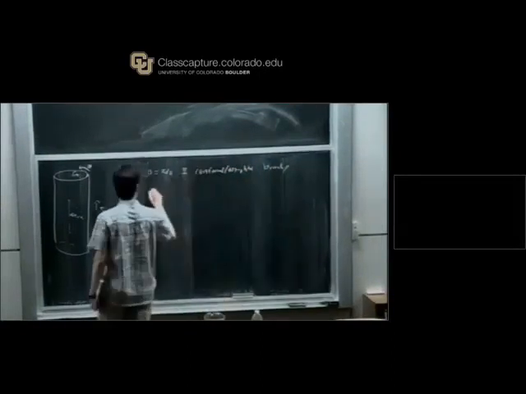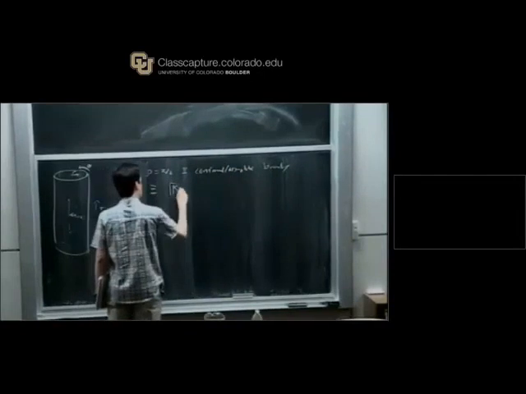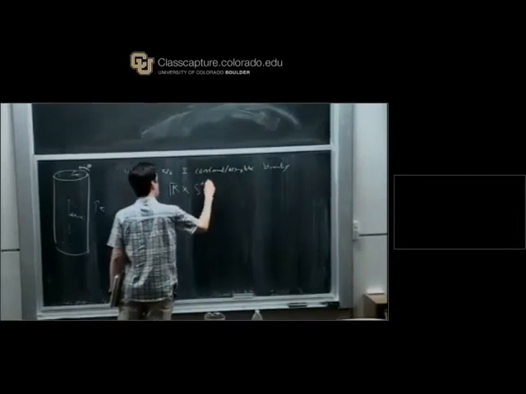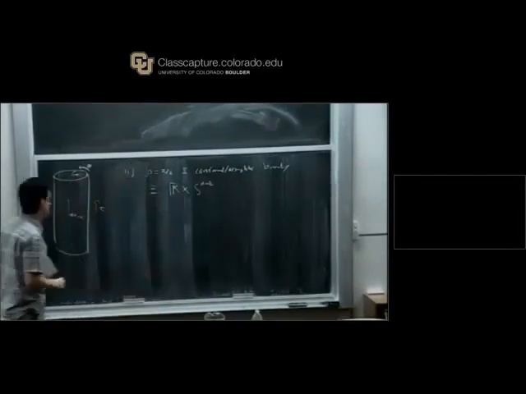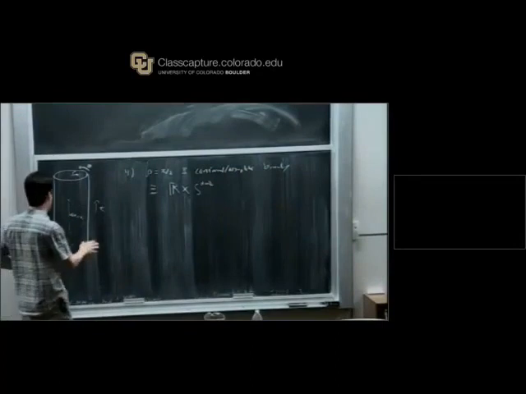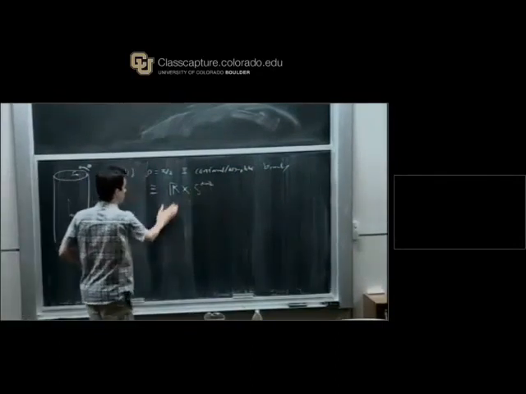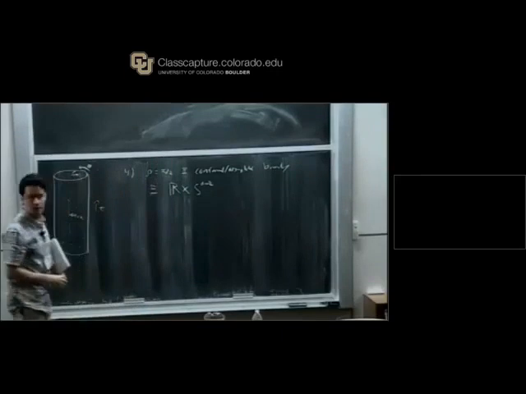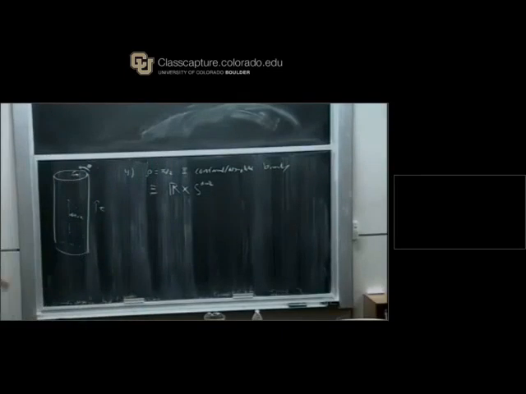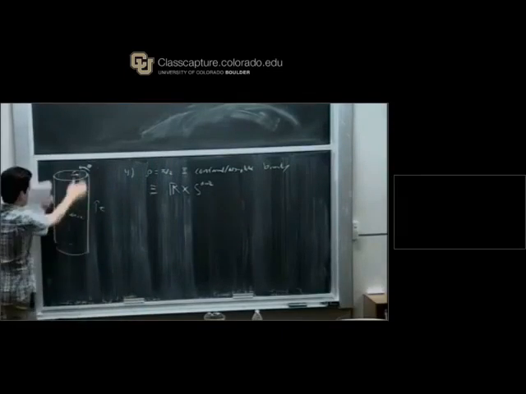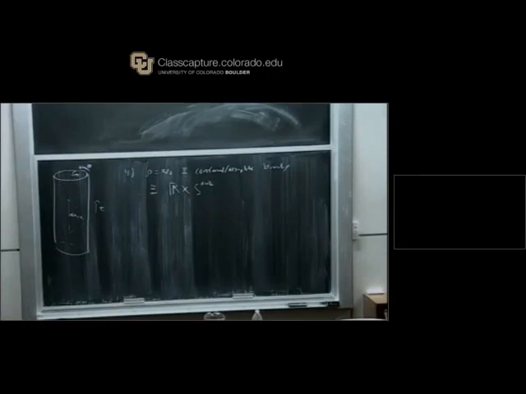And it has topology R times S^(d-2). And actually, it doesn't just have that topology. We can think of it as having the round metric on S^(d-2) times a flat line. So it really is just the boundary of the cylinder.